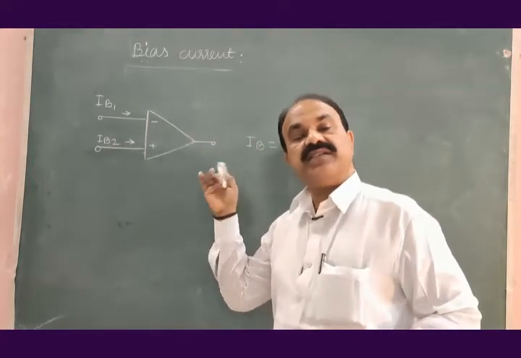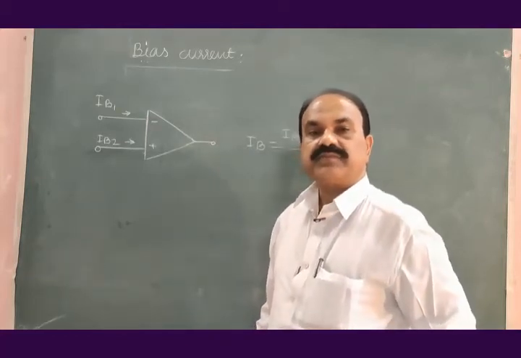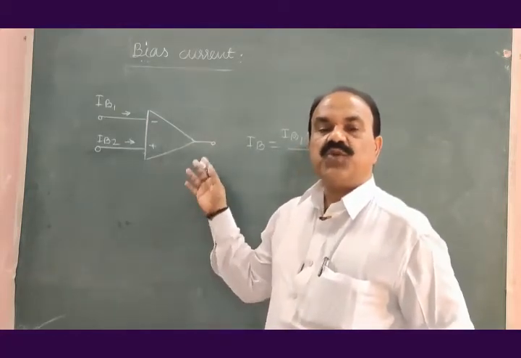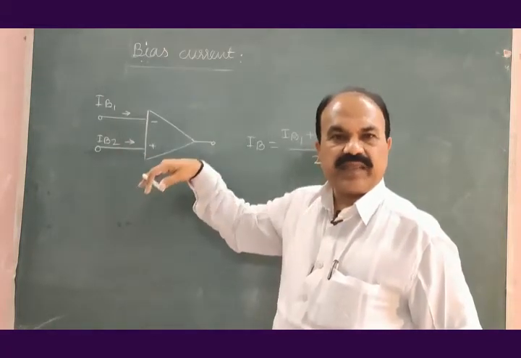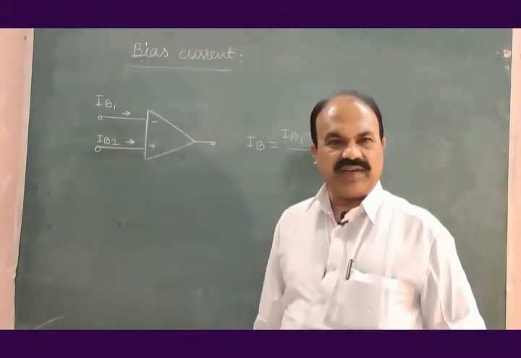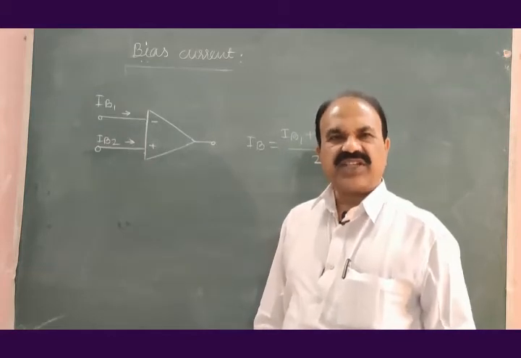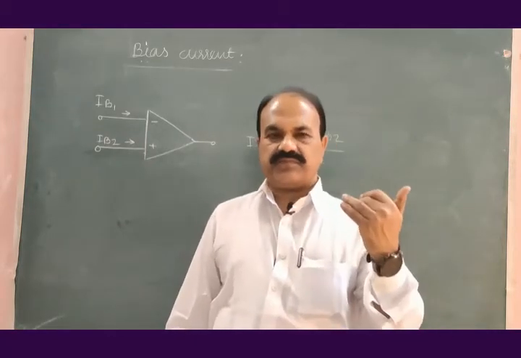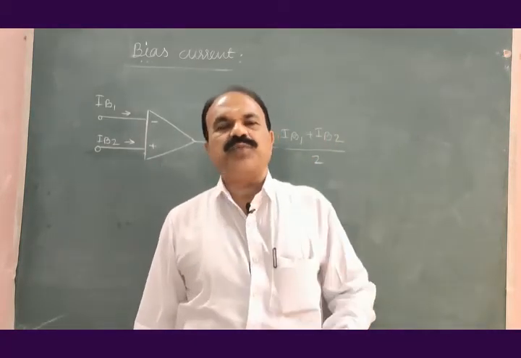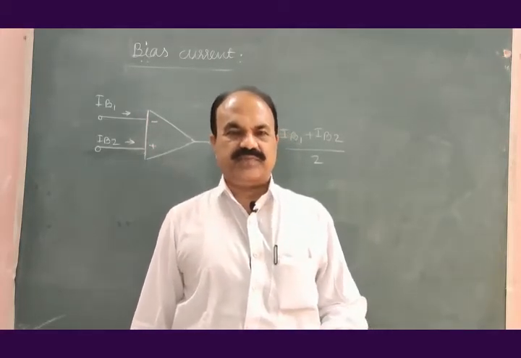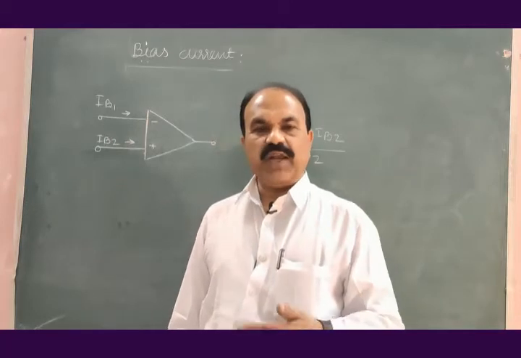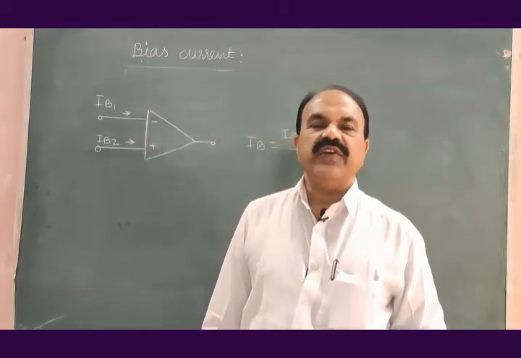As bias current is very small, there is no loading of any power supply driving the operational amplifier. Second thing, the input offset current problem may be reduced. For these purposes, the value of bias current should be very small.